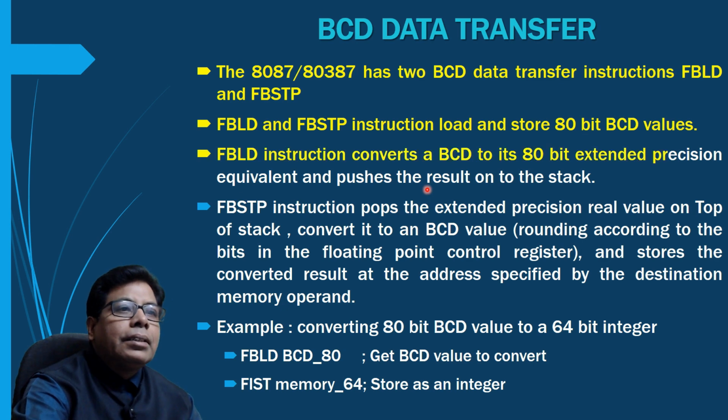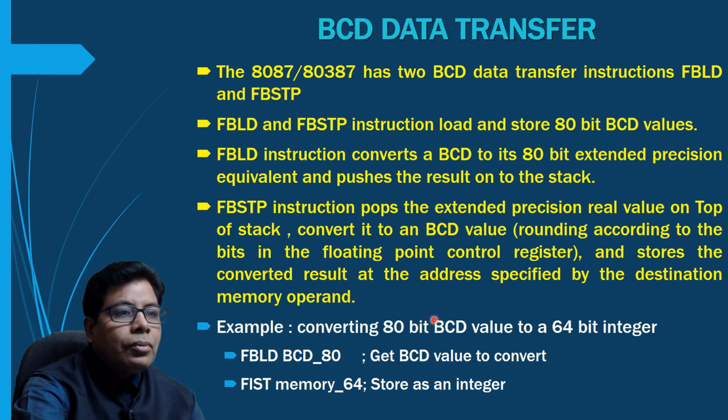FBLD converts BCD to its 80-bit extended precision equivalent and pushes the result onto the stack. And FBSTP will pop the extended precision real value on the top of the stack and convert it to a BCD value, again rounding according to the bits of the floating point control register, and stores the converted result at the address specified by the destination operand.